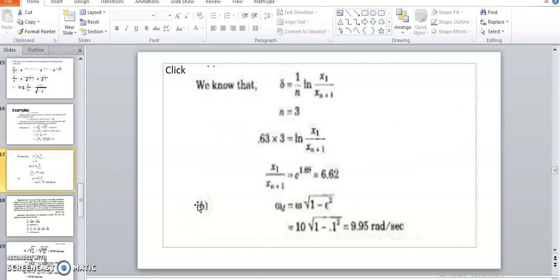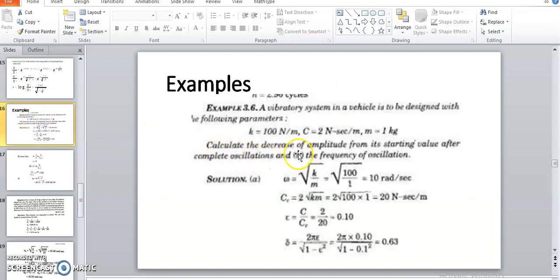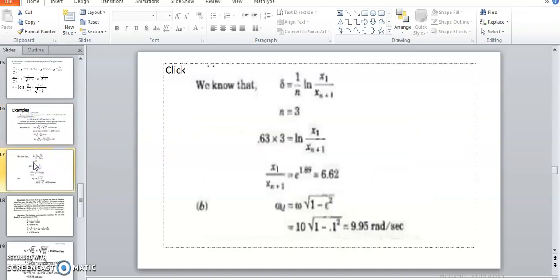Now they asked how many cycles are required to decrease the amplitude from its starting value. So we know this delta value. We just now calculated the ratio of x1 and xn plus 1.